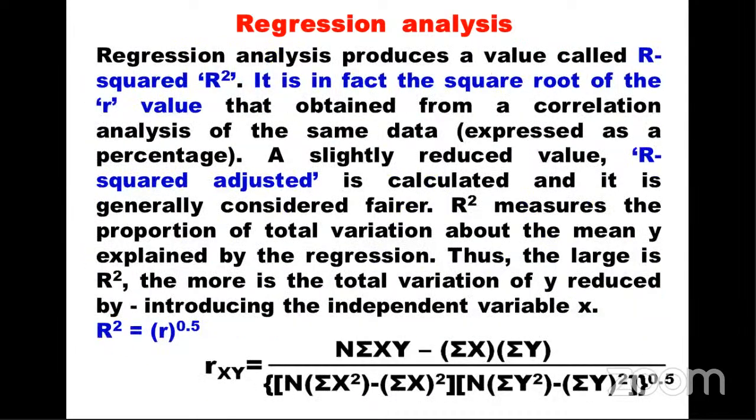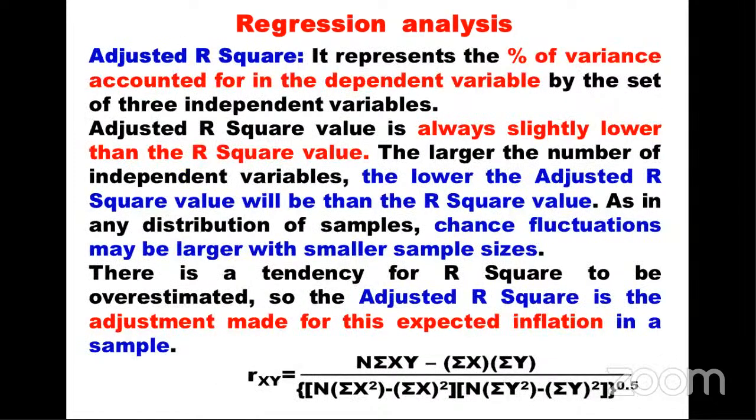Now, R square, what is R square? It is the square of the small r, the correlation coefficient. So the square of small r is R square, the regression analysis value. And then adjusted R square.